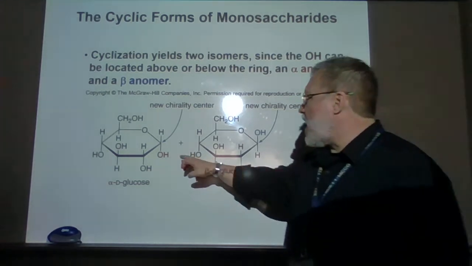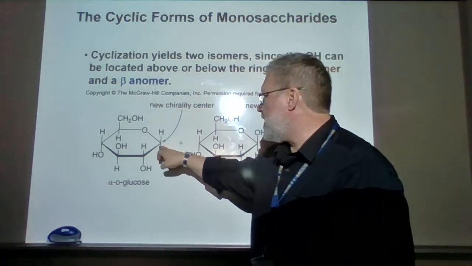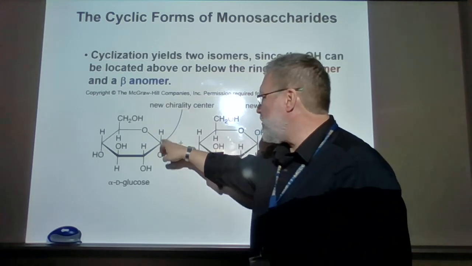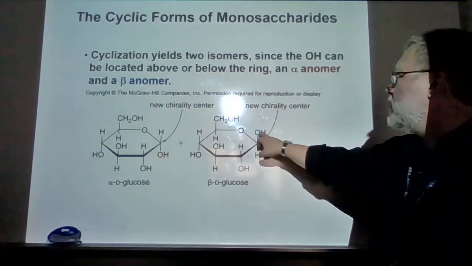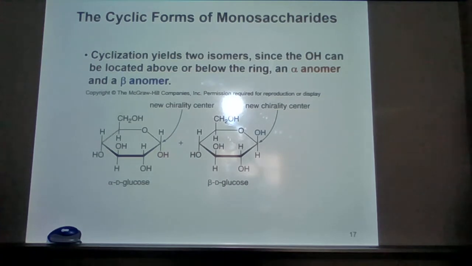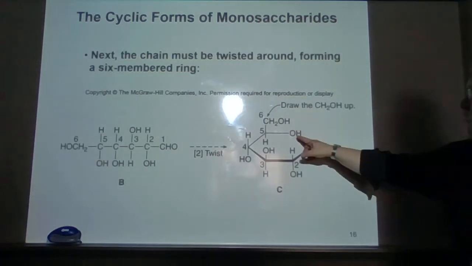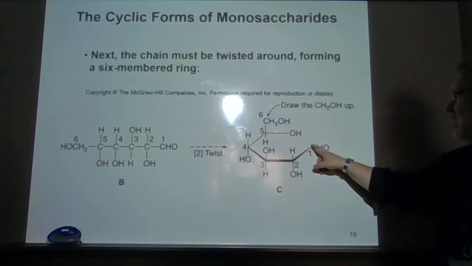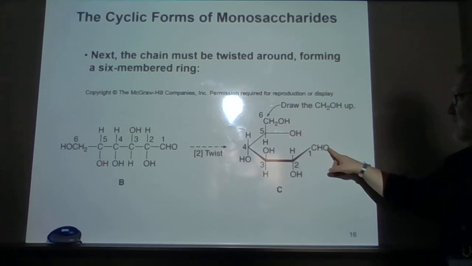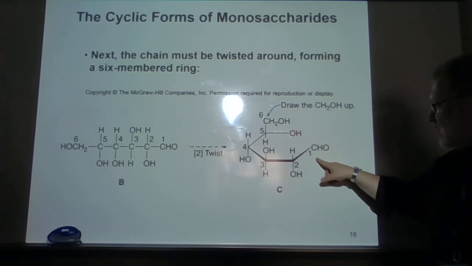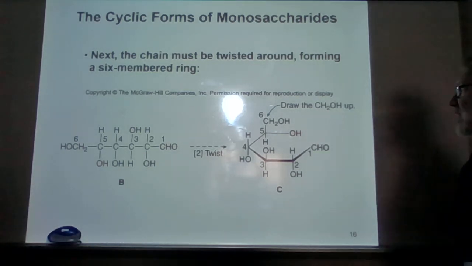Since the oxygen that was part of the C double bond O can either end up down or up. So this oxygen attacks that carbon. Carbon-oxygen breaks, becomes a COH. Depending upon how the OH bond is formed, the OH can be down or the OH can be up.